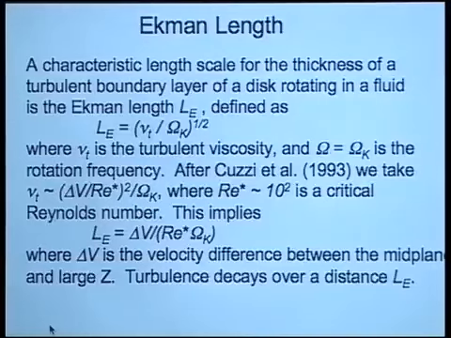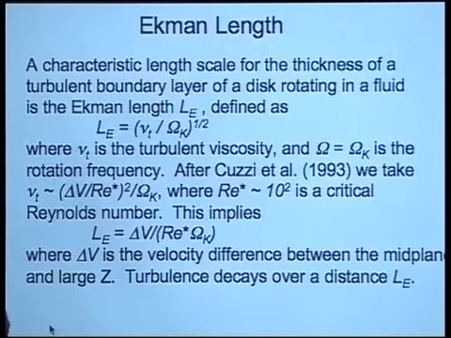Now, one way to approach this is to look at a characteristic length called the Ekman length. This is from the classic solution of fluid dynamics of a rotating disk in a viscous fluid. The Ekman length, you can express it in various ways, and I've borrowed an expression from Jeff Cuzzi for this. But you can just think of it basically as a characteristic length over which the flow is going to vary in a system like this.